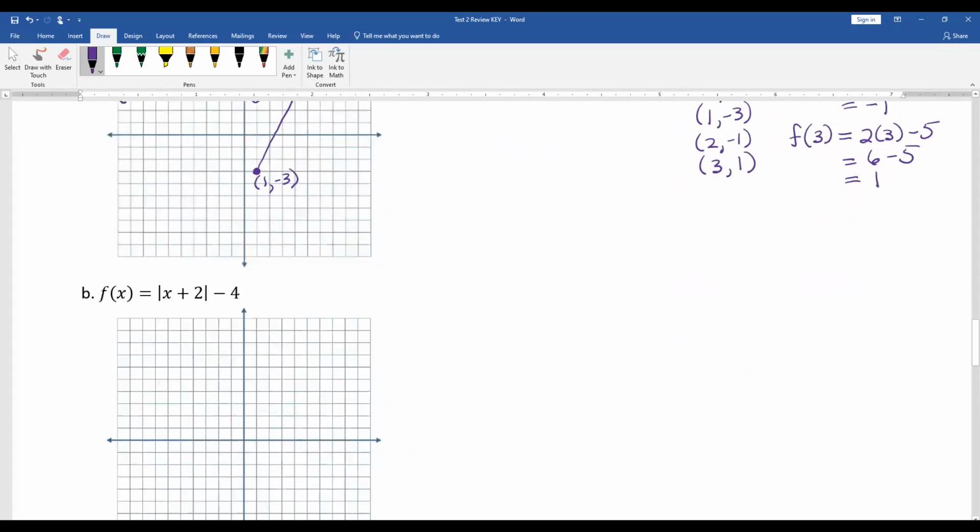Really, all you need to calculate is the specific point on this graph. Sort of, it's the midpoint.